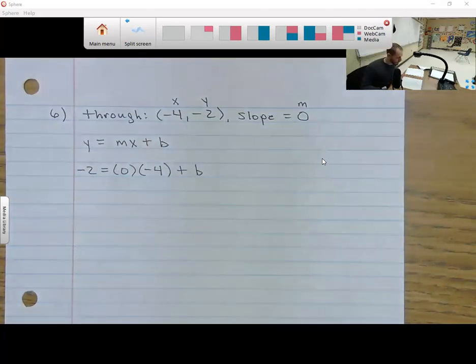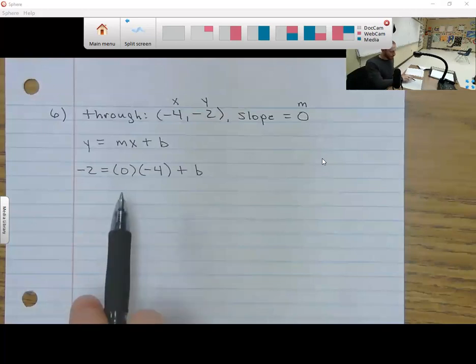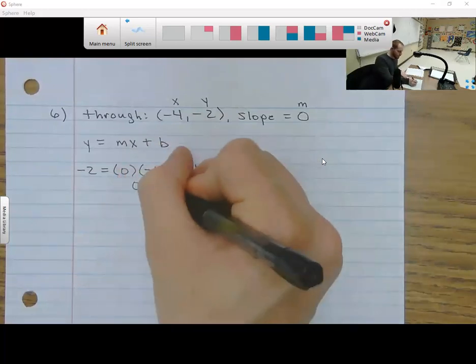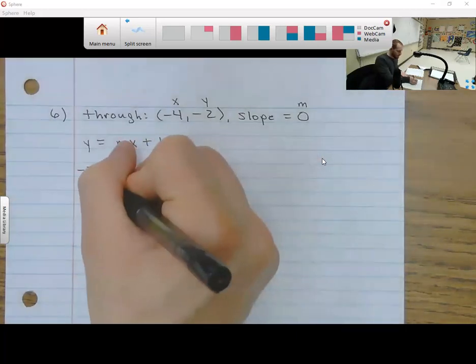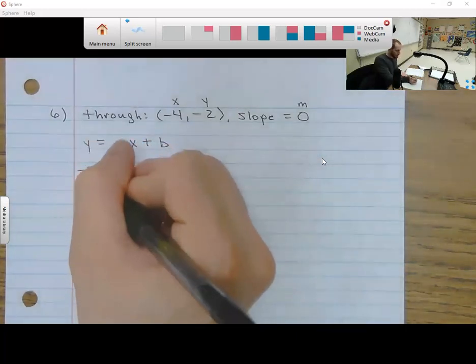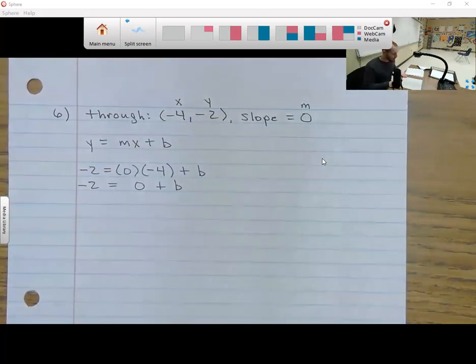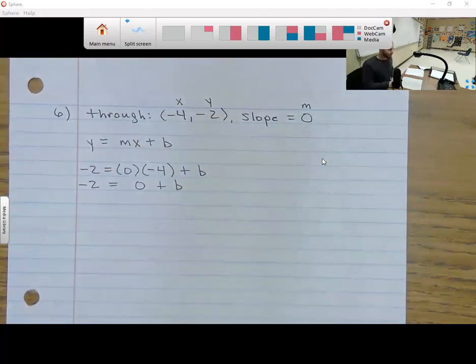That would make it a whole lot easier. So now I've got something that I can simplify a little bit, right? I've got 0 times negative 4. That's going to give me 0, right? And then everything else stays the same. The negative 2 comes down, the plus b comes down, and that's pretty much it for this step.